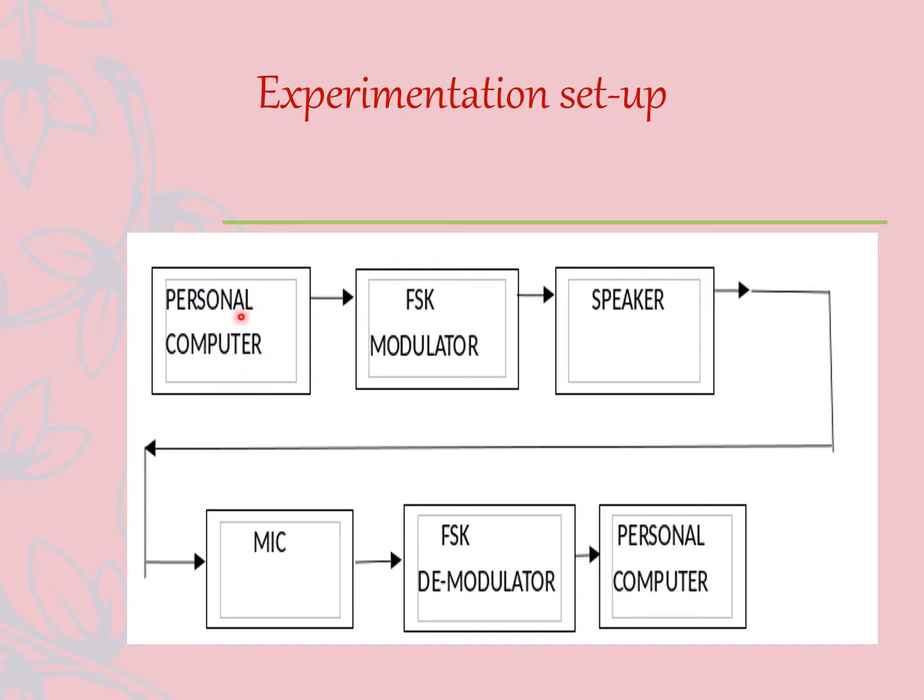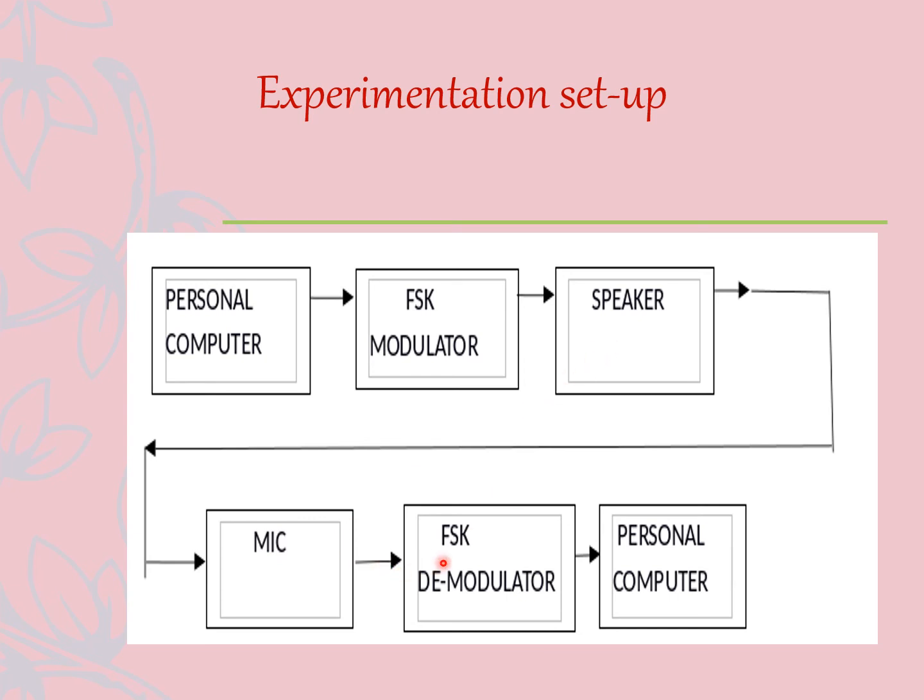Now the working principle. First type some message on the hyperterminal of the first computer. Then this message will be given serially using USB to TTL converter to the FSK modulator. The FSK modulator output will consist of two frequencies, one high and the other low. This output is given to the speaker. The speaker will convert the electrical signal into an audio signal, and this audio signal will be given to the mic kept near the speaker.